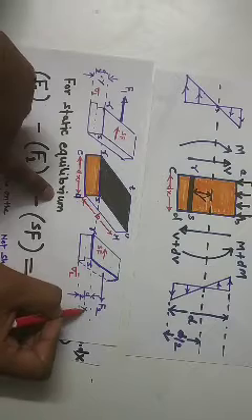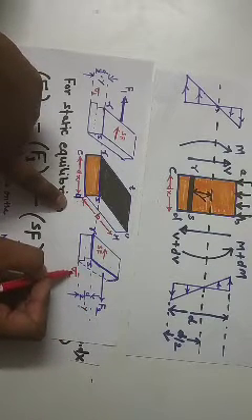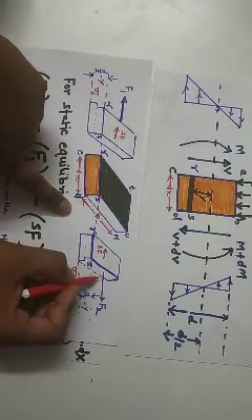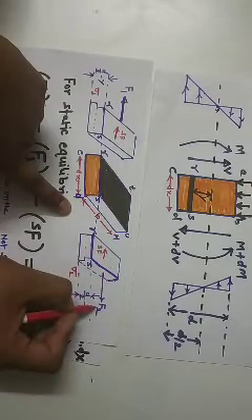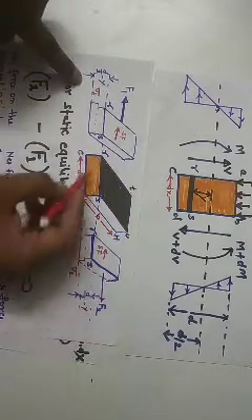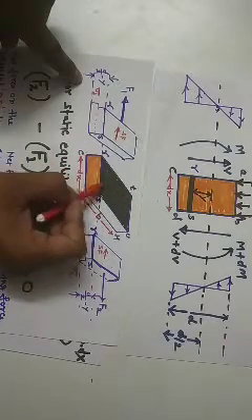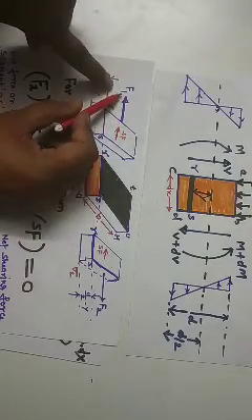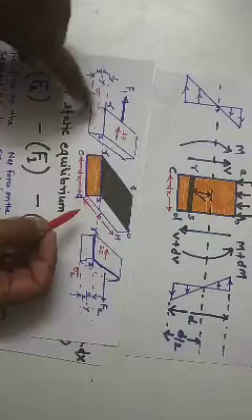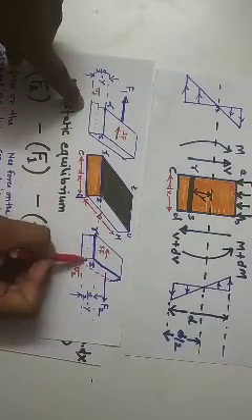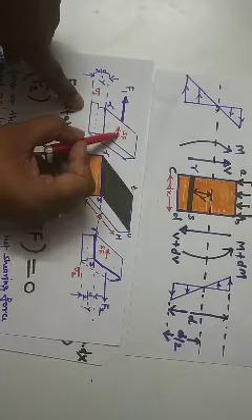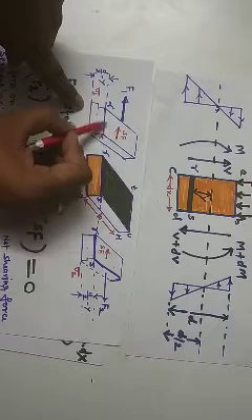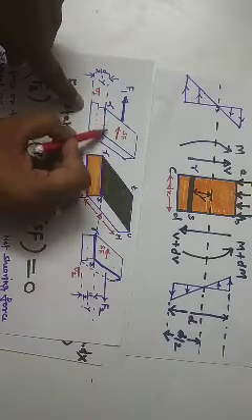B into D by 2 minus Y. Due to this bending stress sigma 2, the bending force set up in the beam acts normal to this section, and this is F2. Similarly, at the cross section RCTV, the bending force set up in the beam is F1. And due to the sliding of layers, the shear force set up in the beam is SF, which acts along the layer RS.